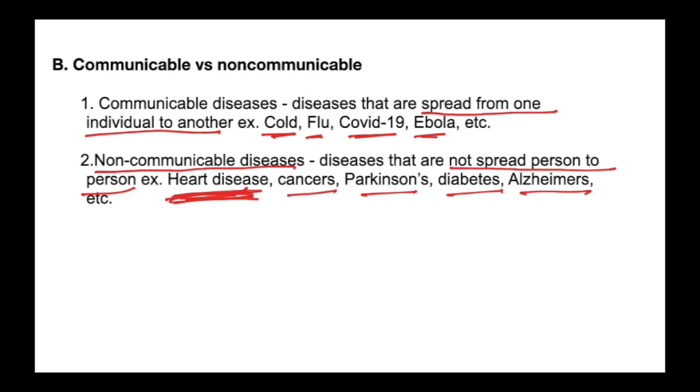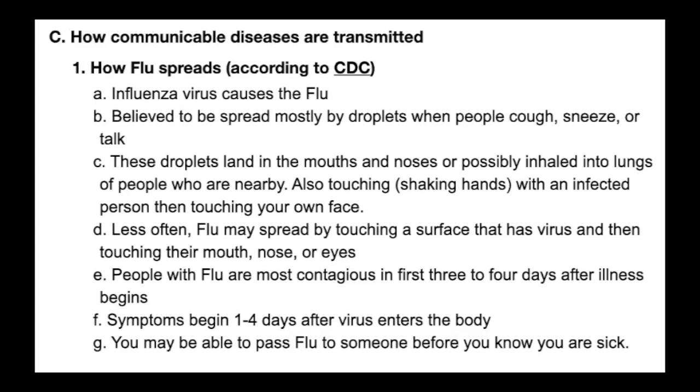If that person is sitting beside you and they sneeze, you don't get heart disease just because you breathed in their sneeze. You might catch their cold, which is communicable, but you don't catch their heart disease, right? That's a good thing.